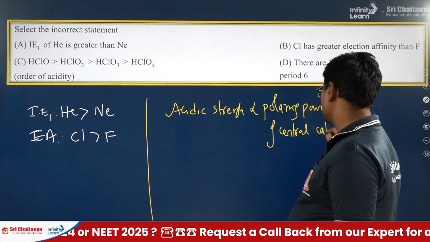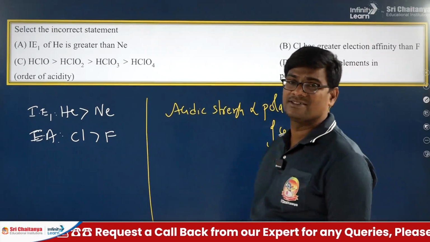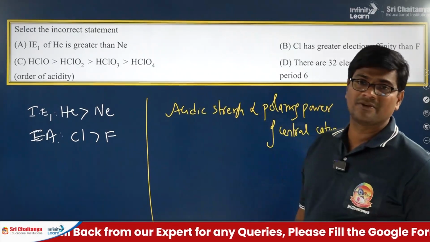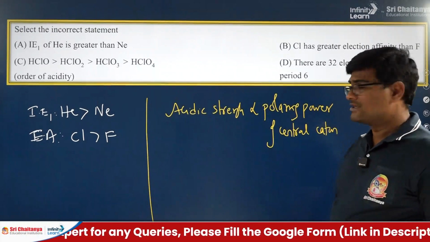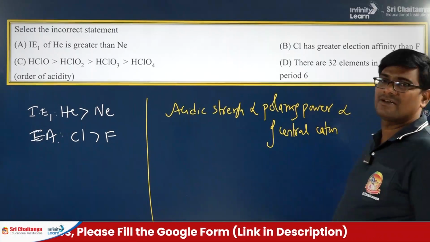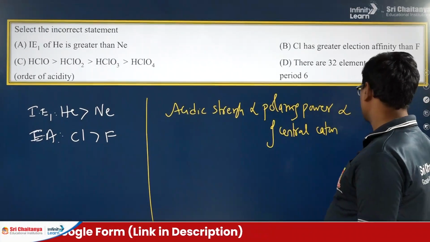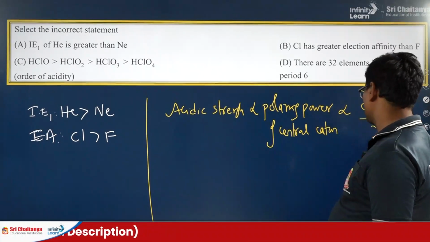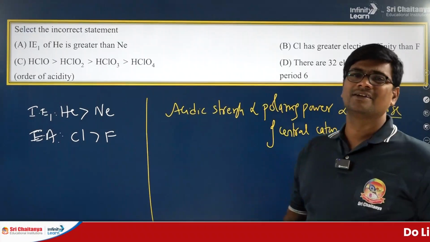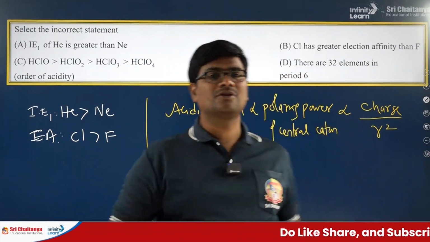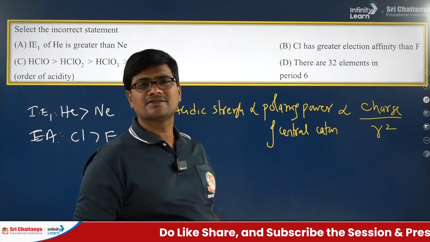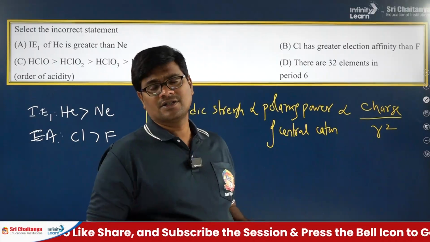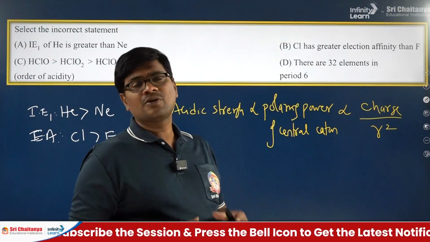In case of oxides and oxoacids, we can apply this. So higher the polarizing power, higher the acidic strength. The polarizing power is directly proportional to charge and inversely proportional to radius square. Simply, acidic strength is directly proportional to the charge.